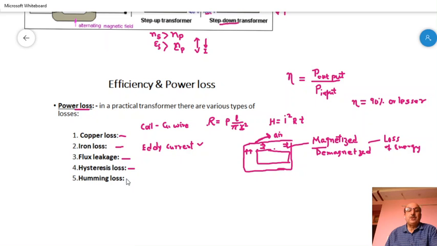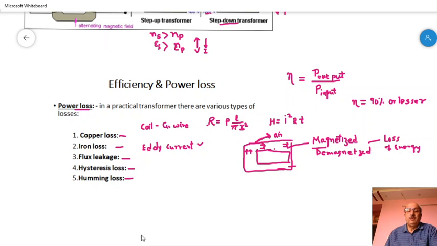The next type of loss in transformer is humming loss. During the transfer of magnetic flux, the eddy current is produced, and eddy current heats the iron sheets, as well as they produce some sound, and that energy is called humming loss.